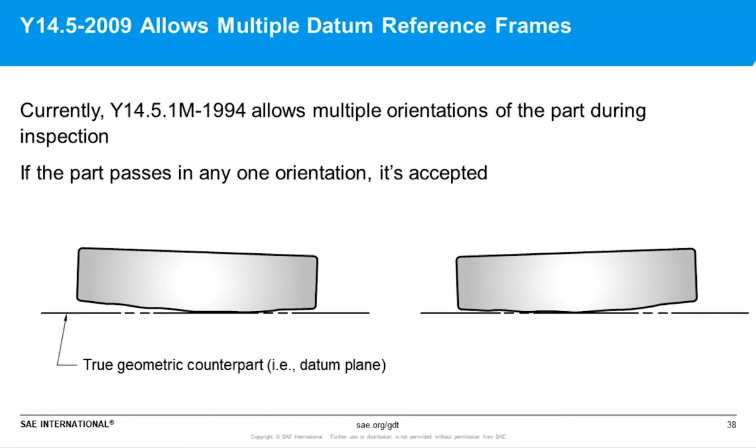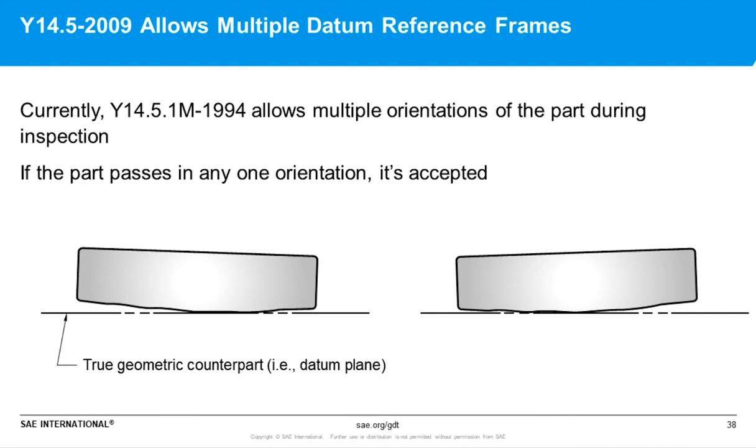And then another significant change, some of you may be familiar with the Y14.5.1-M-1994 standard. That's the standard that gives us the mathematical definitions of our geometric tolerance zones. And some of you may remember that there is a concept that's called the candidate datum set, and basically what it tells us is that if we have a datum feature that has surface irregularities, like this convex surface, you have multiple tangent planes, and each one of them is a candidate datum plane.